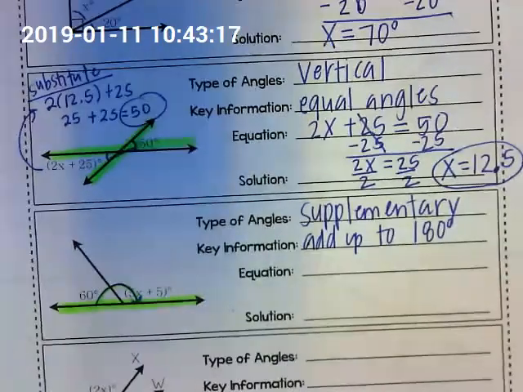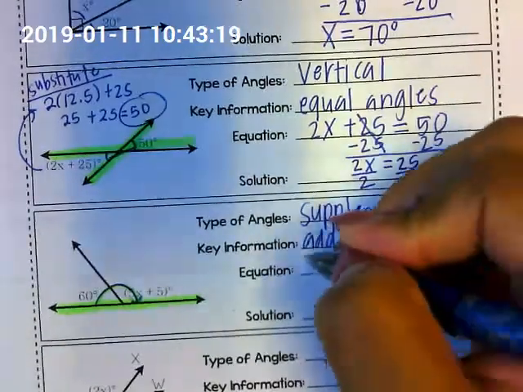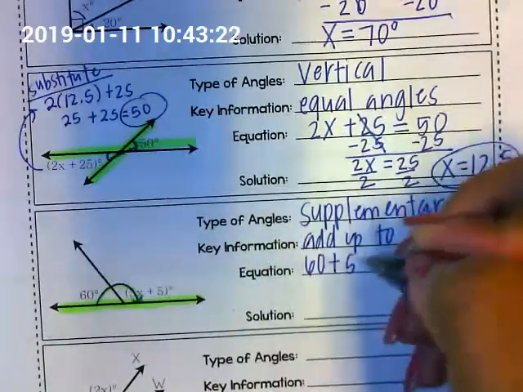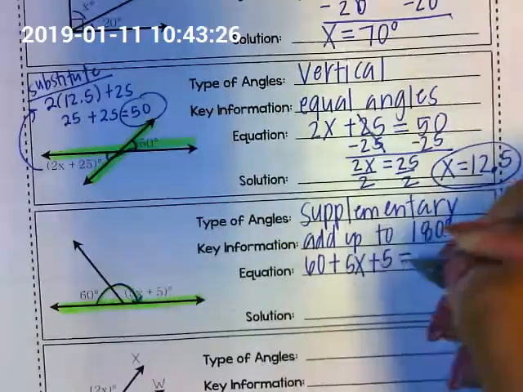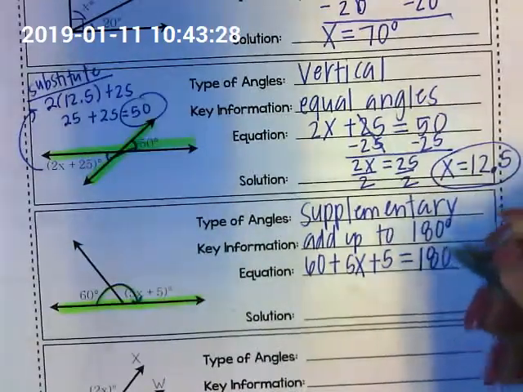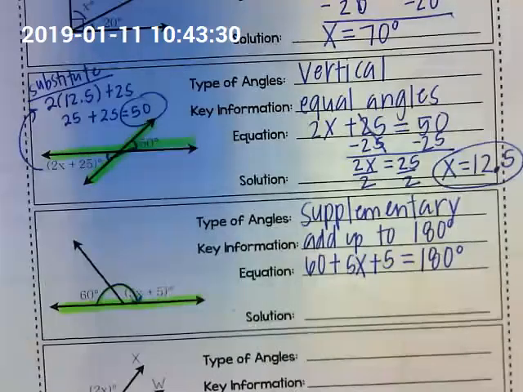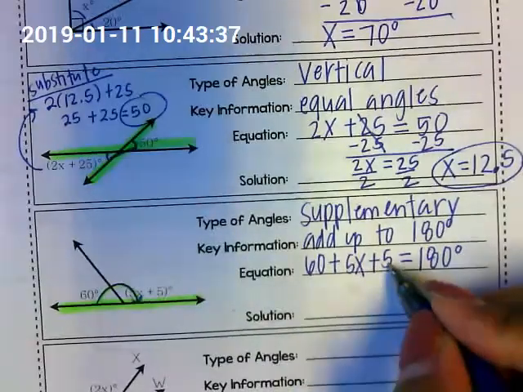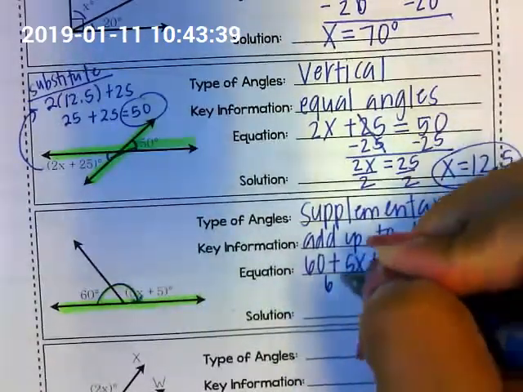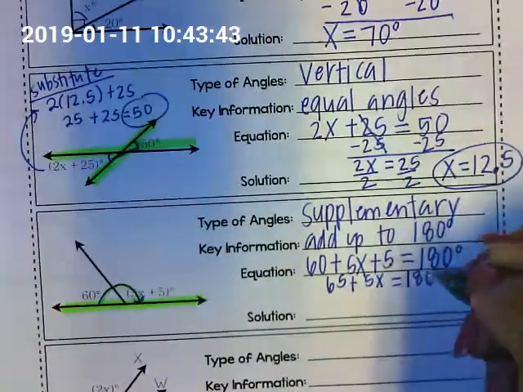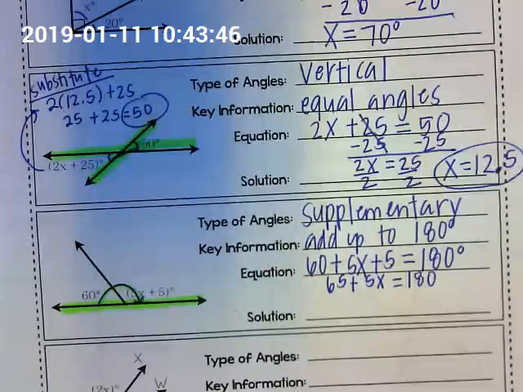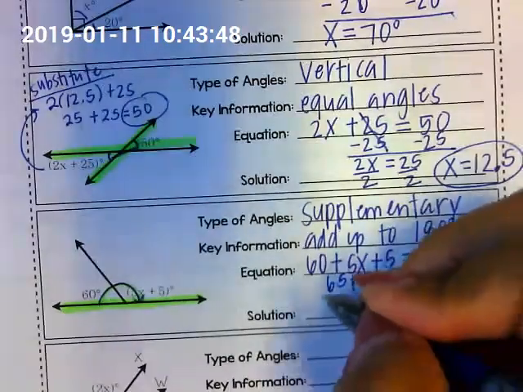So let's add them up to 180. 60 plus 5x plus 5 is equal to 180 degrees. Any like terms? 60 and 5. So we have 65 plus 5x is equal to 180. First step to solve, I need to subtract 65.